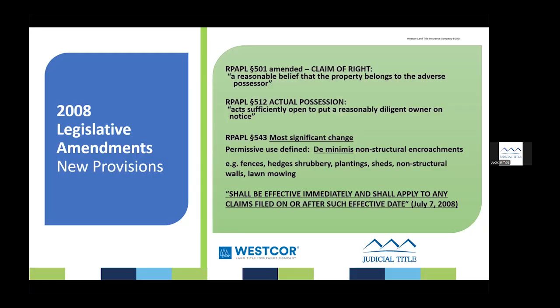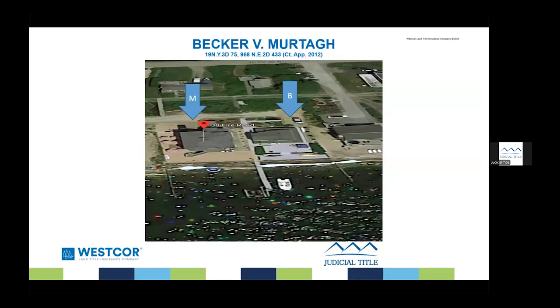I think we have another example here. Yeah. So the one case that was done almost immediately after the new law was pretty significant, was Becker versus Murtaugh. So this was the boardwalk and deck case that I would say.